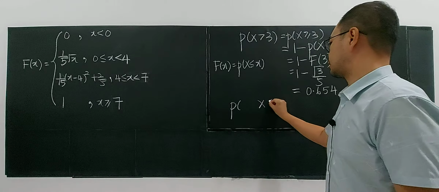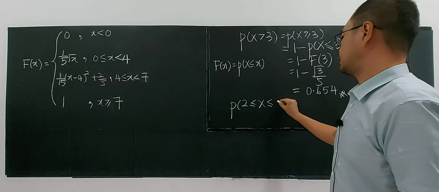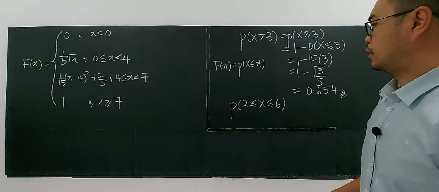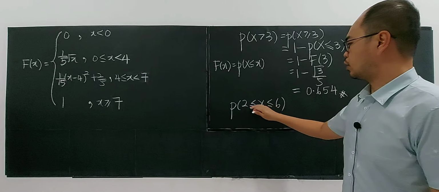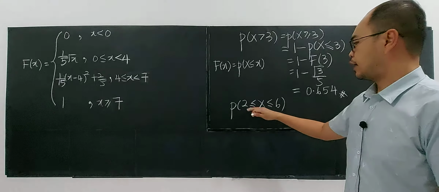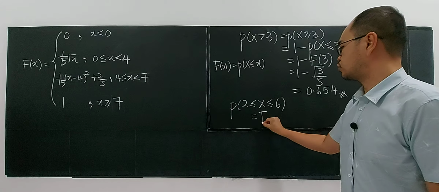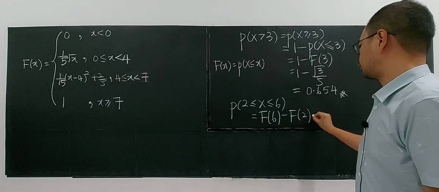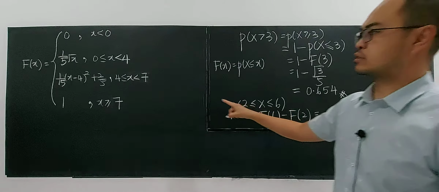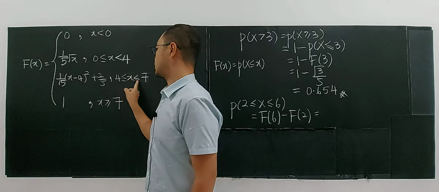How if they ask you to find the probability of x between 2 and 6? Whether they ask between 2 and 6 with or without the equal sign, as long as it's between 2 and 6, you can rewrite it as F(6) minus F(2). The 6 you have to substitute into this interval, because 6 is between here.